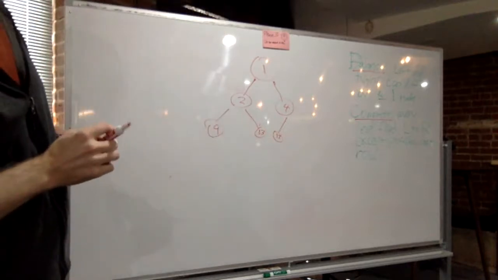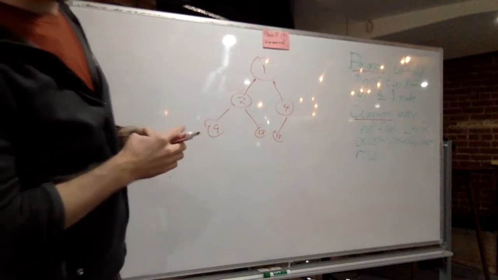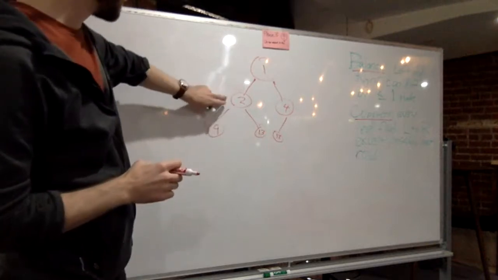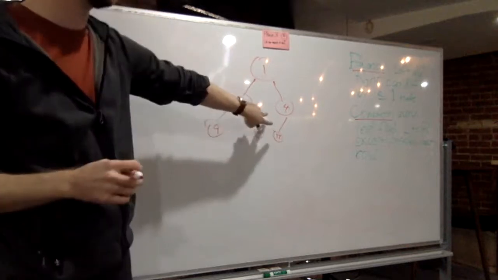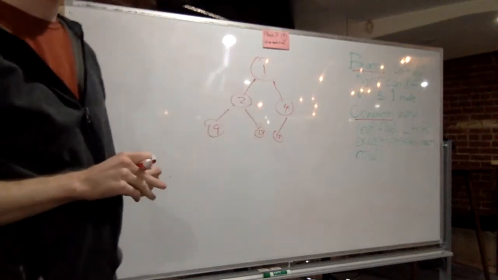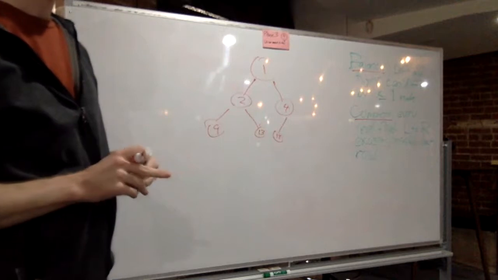Does that work? Each node is smaller than its children. This is smaller than both its children. This is smaller than its children. This is smaller than all its children. And again, not only the immediate children, whole thing, right?